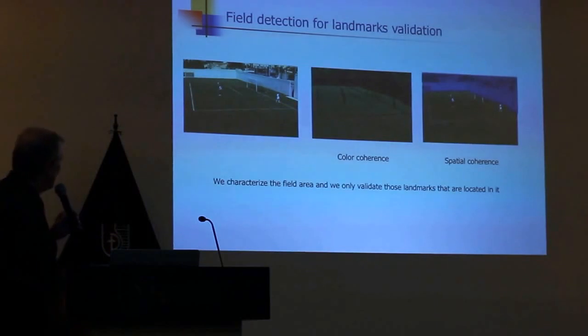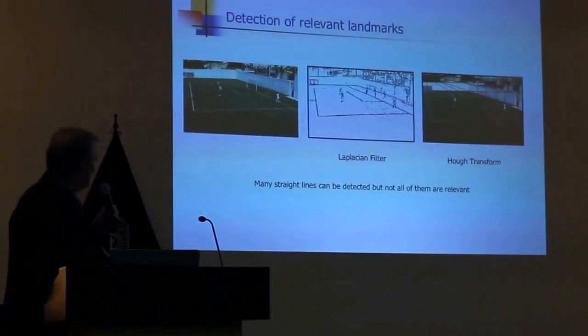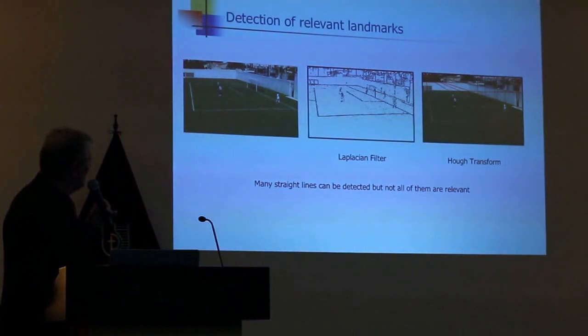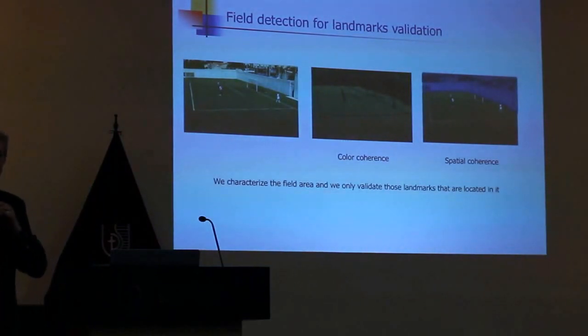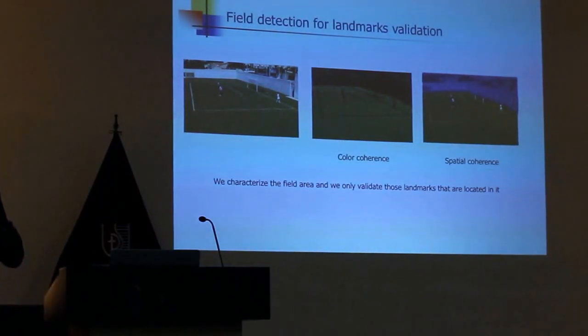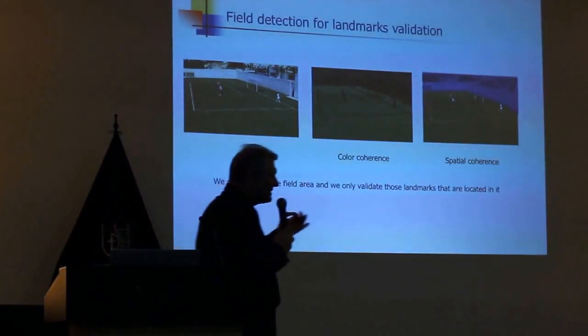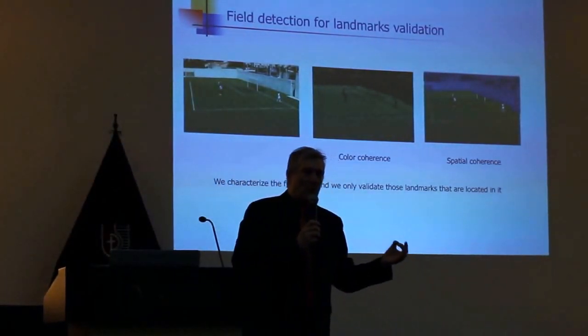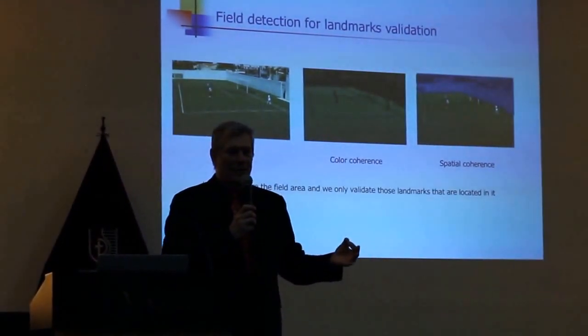So, now you see the previous picture like that, and now we are interested in finding this area, and we can succeed to do it, and I will show you how. There are two criteria we use: the color coherence and the area coherence.